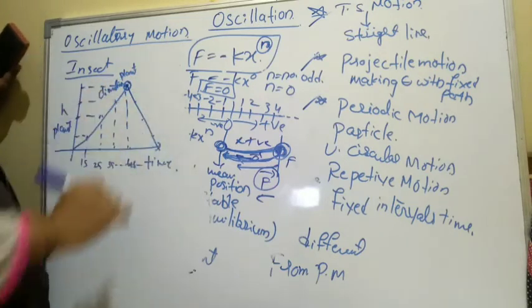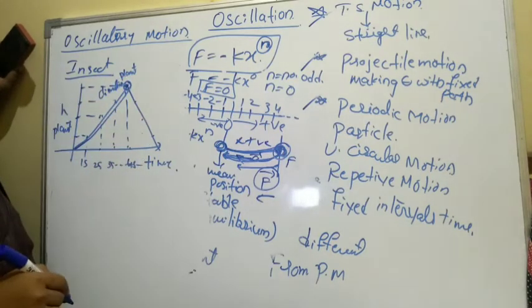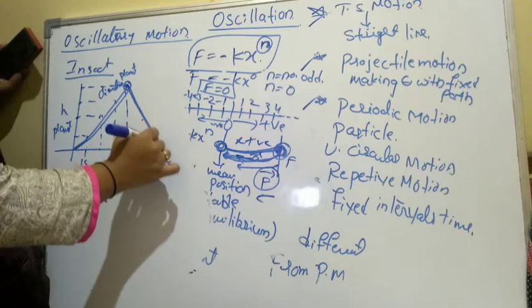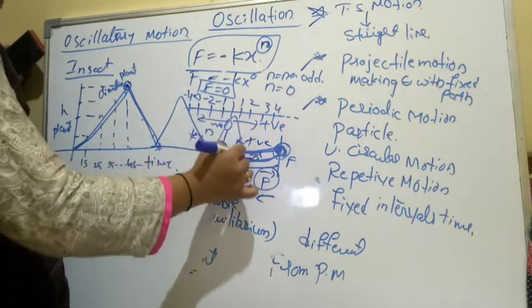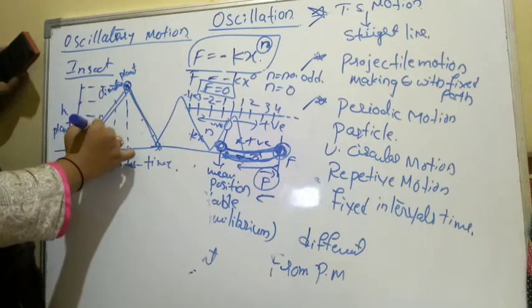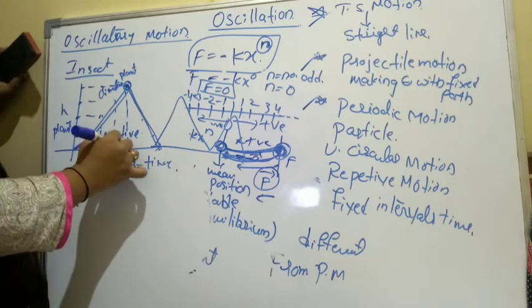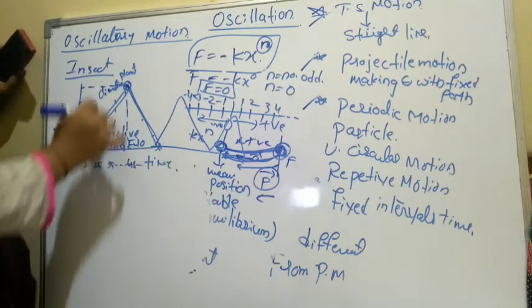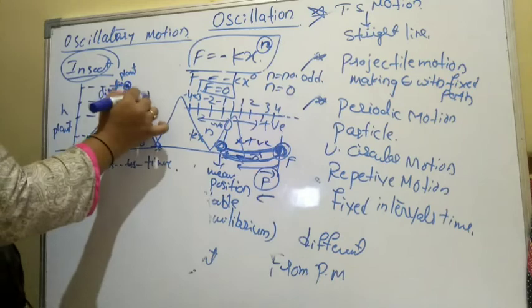Draw this graph. This is the to motion. This is the fro motion. And this is going to continuously repeat. So this is the repetitive to and fro motion by the insect while climbing the plant and falling down here.